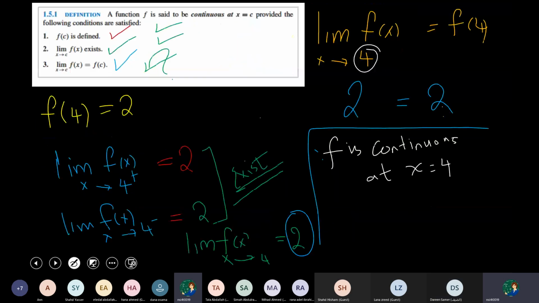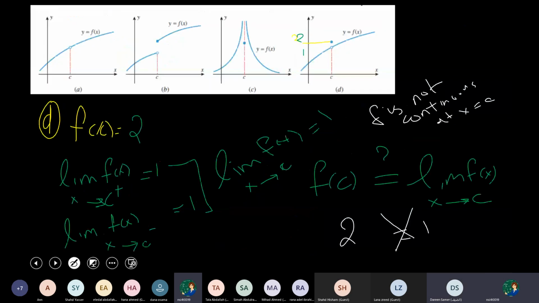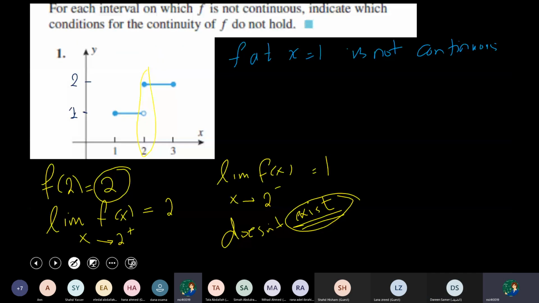If I go back to my conditions, I can say that the function is defined, but the limit does not exist. I will stop here because I don't need to complete. The limit does not exist, so my function is not continuous. So the function at x equal 2 is not continuous.